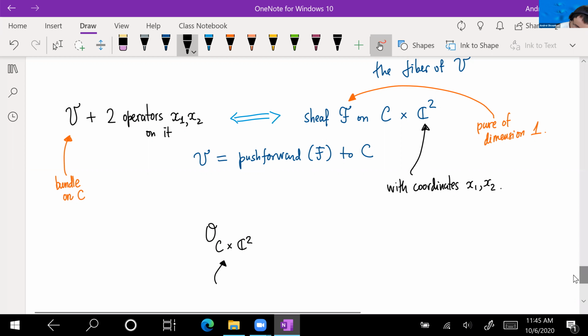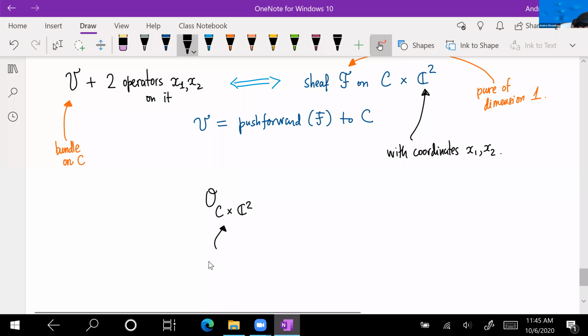These are the images of x1 to the i, x2 to the j applied to A. If you want all functions on this threefold, that's the same as taking the functions on the curve, pulling them back to the threefold, and applying all possible polynomials in x1, x2.